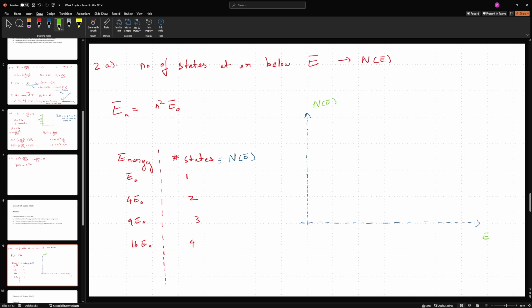I have E naught, 4 E naught, 9 E naught, and the counts 1, 2, 3, 4 over here. Below E naught, I know this quantity is 0. There are no energy states below E naught. Let me say these are the ticks over here. There is a reason why I'm trying to draw this graph as precisely as possible.